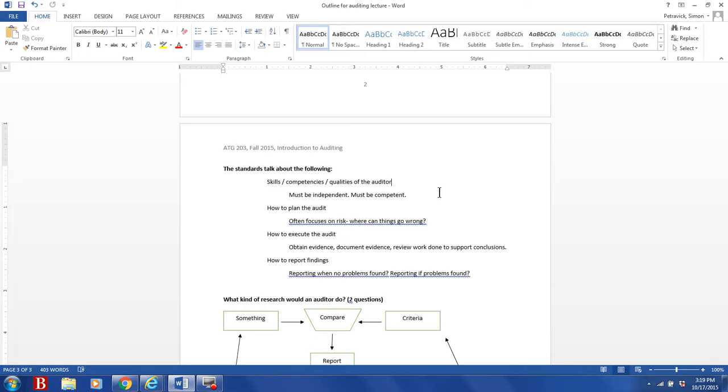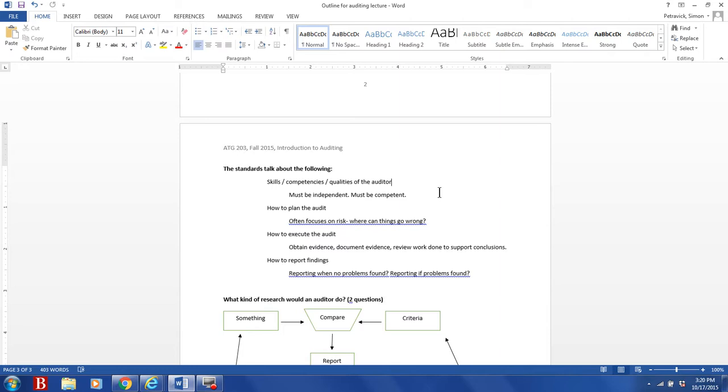And so these standards would say that the lack of independence causes a problem. If you are not competent in the area of auditing or the area of criteria that's being looked at, those standards would say that you need to get some education and training before you do that audit.